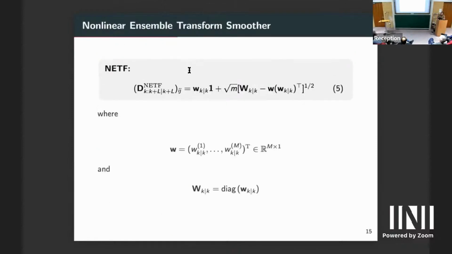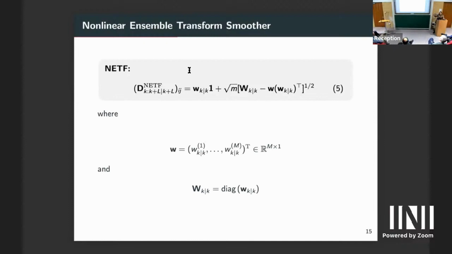So another filter. I'm going to quickly, as I told you, flash filters at you, just to give you the idea, because we will later on do this as well for other filters. The idea of the ensemble square root filter was moment matching: let's match the first two moments of the Kalman filter. And now people were like, great idea, how about we match the first two moments of the particle filter?